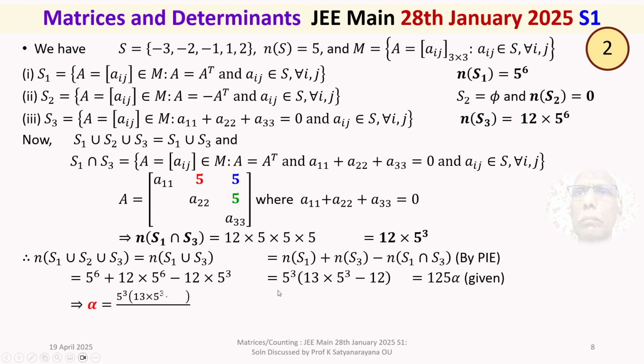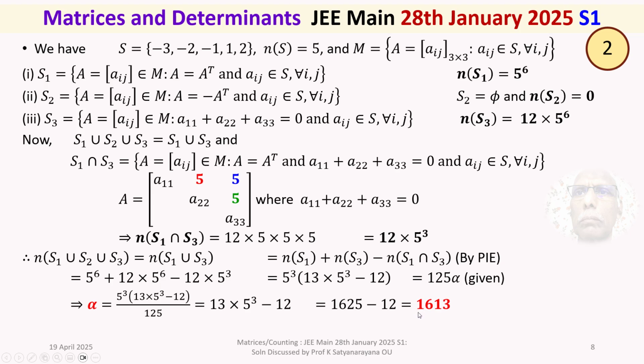So alpha is equal to 5 cube into (13 into 5 cube minus 12) by 125. 5 cube is 125, so by 125 they cancel in both numerator and denominator. You are left with 13 into 5 cube minus 12. 13 into 125 is 1625, minus 12.